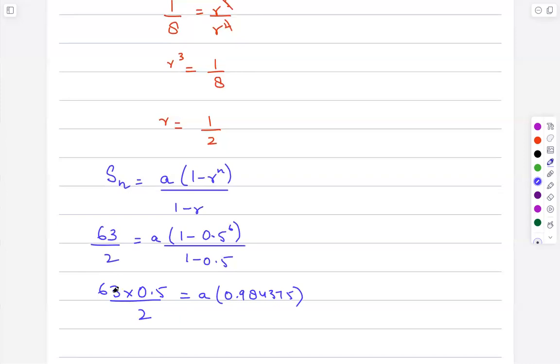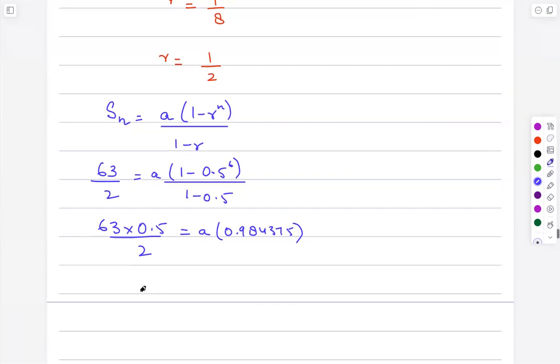So dividing it by 2 and then 63 into 0.5, the value of a will be equal to 16. Substituting this in the calculator, a will be equal to 63 into 0.5 divided by 2 into 0.984375. So the value of a is 16.